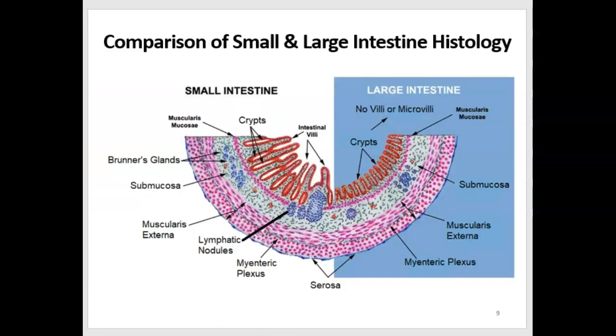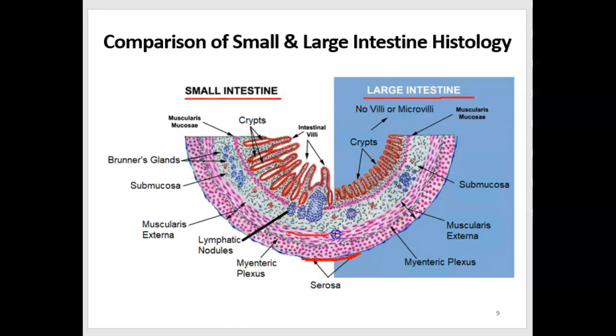Okay, let's compare the histology that we've looked at in the small intestine with what we just talked about concerning the large intestine. So the small intestine, of course, has this serosa on the outside, and so does the large intestine. And then there's 2 layers of smooth muscle shown in pink.